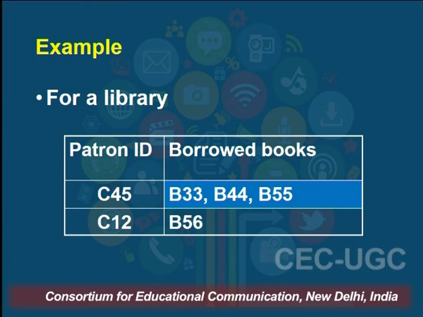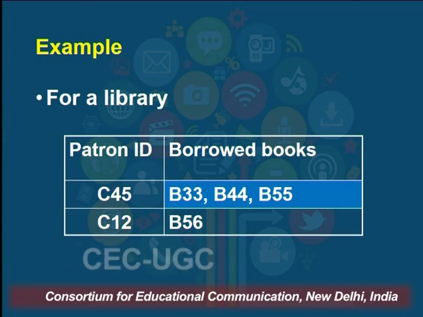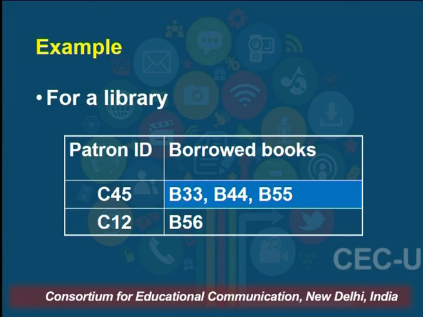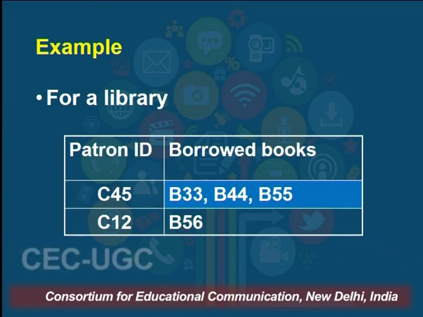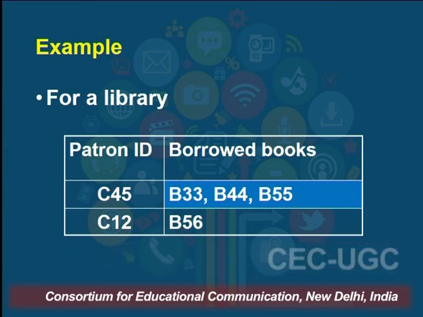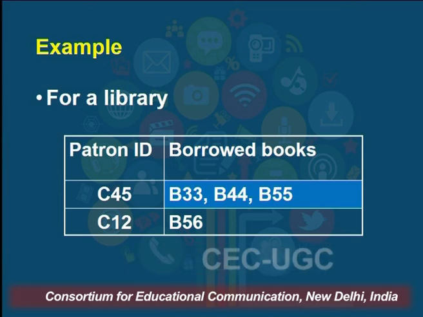Patron ID is the ID of an individual, and the books he or she has borrowed are written in the next column. Here patron ID C45 has taken three books: one is B33, another one is B44, and the third one is B55, while C12 has taken B56 only.